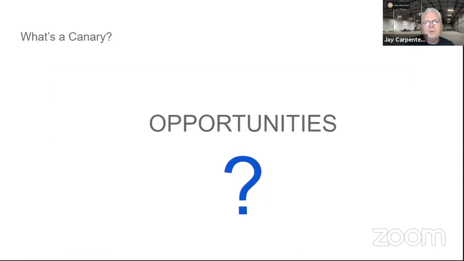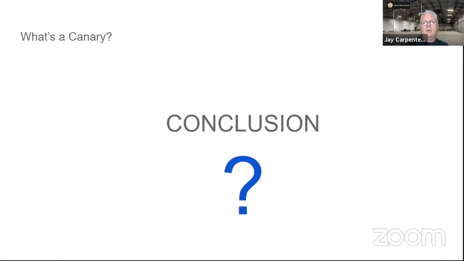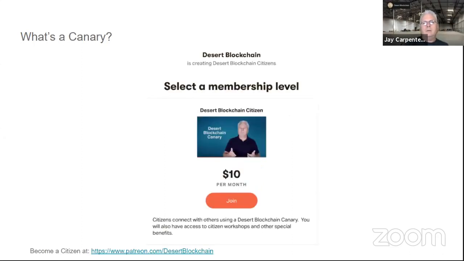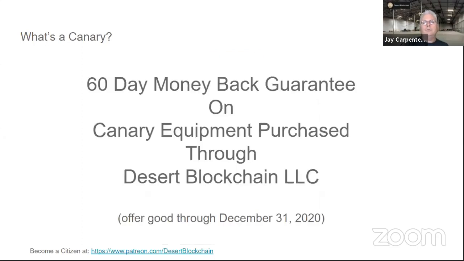So the opportunities are that the Desert Blockchain community, as well as other communities we're inviting, and I'm going to go through these last couple of slides because I want to get off screen share. In conclusion, I want to say this about the Canaries.